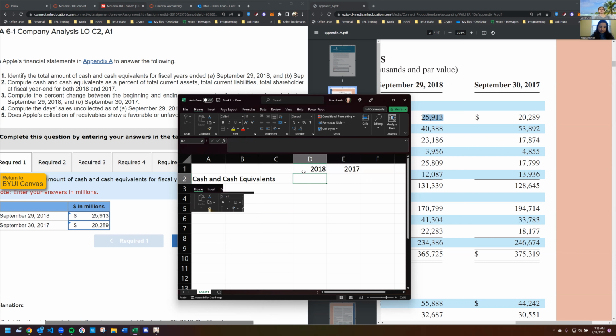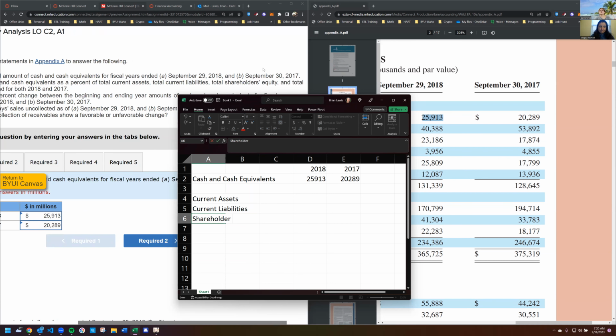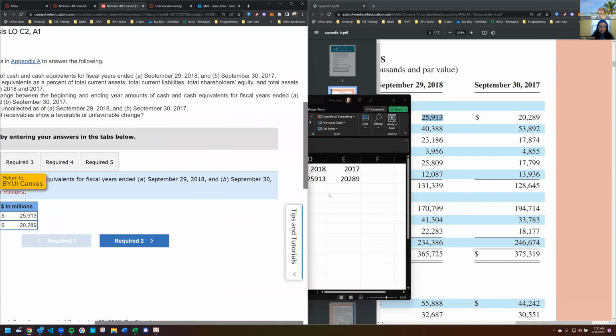We know we have 25,913 and 20,289 as our numbers, as a percent of what they want: total current assets, current liabilities, shareholder equity, and total assets.